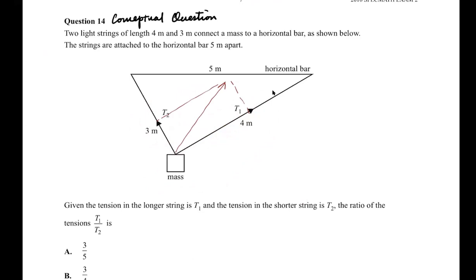But actually, the gravitational force is down to the Earth, perpendicular down to the Earth. So, in fact, how long should T1 be? Let me use the blue color. Should be that long. How long should T2 look like?